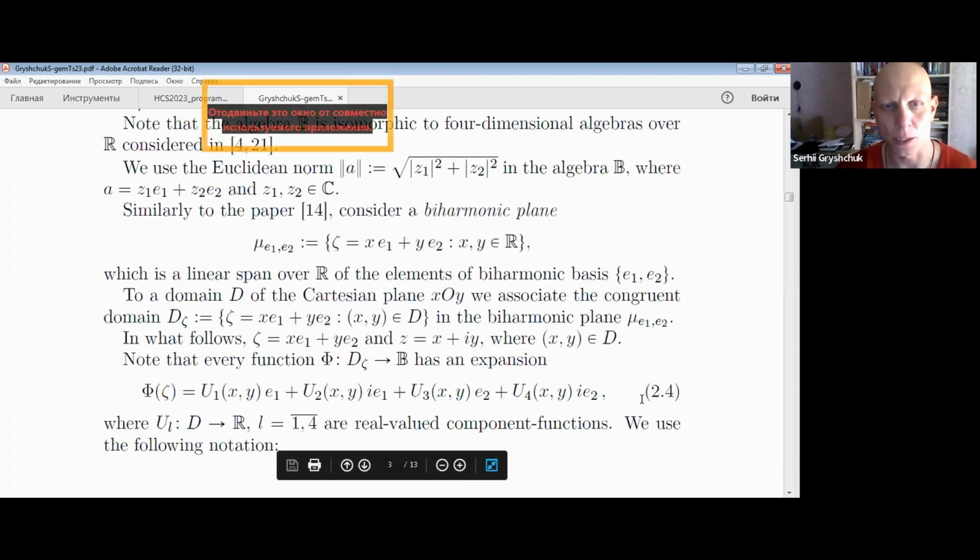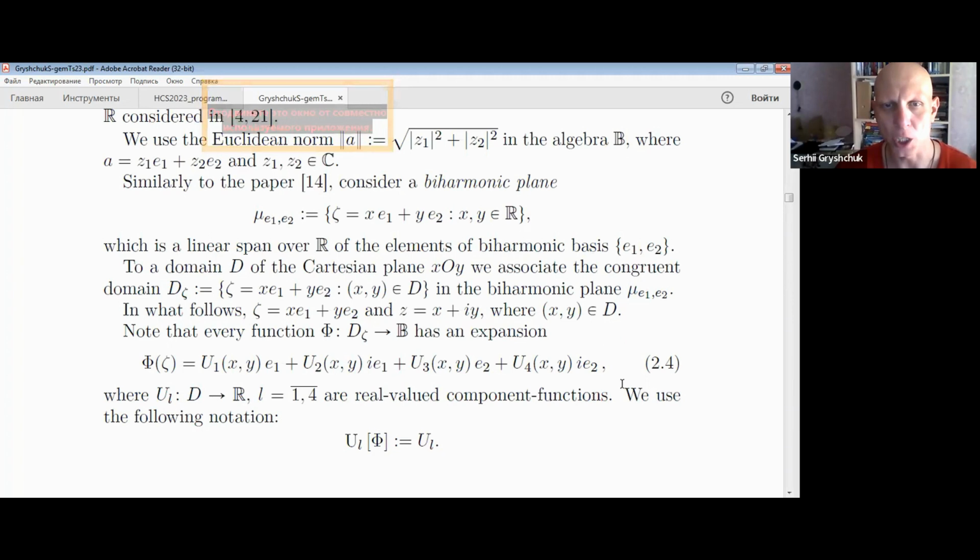In what follows, zeta equals x times E1 plus y times E2, and z equals x plus iy, where the pair xy belongs to D. Every monogenic function with values which maps domain D zeta to algebra B has expansions 2.4.